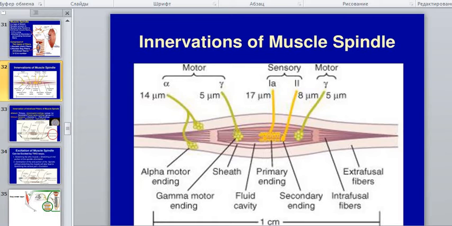The static axons innervate the chain or static bag fibers.